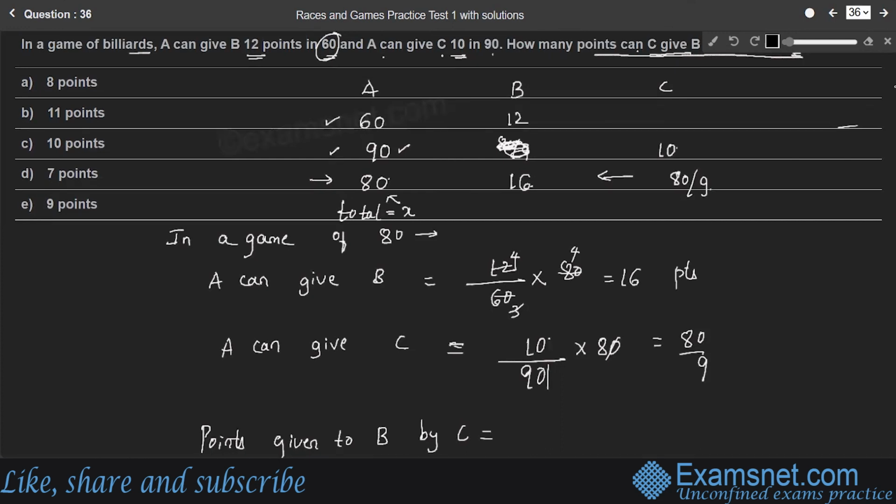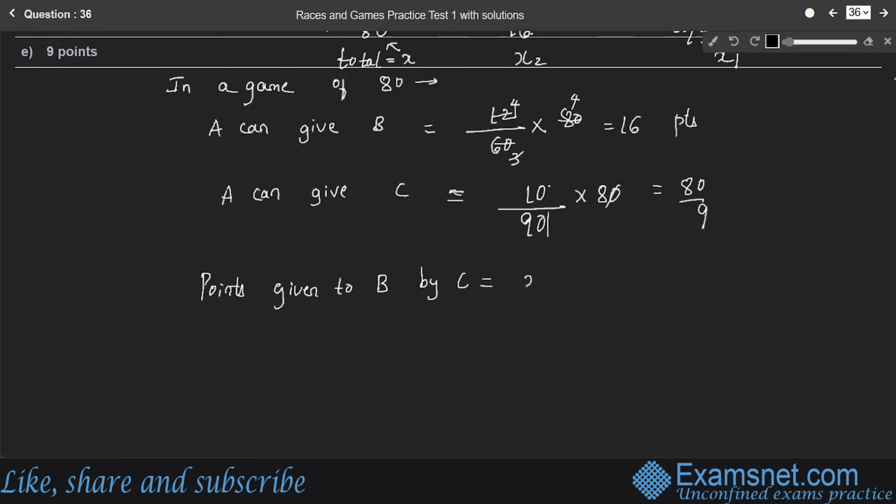The lowest point given is to C, which is 8 point something, since 80 by 9 means 8 point something. We'll consider this as X1 and the points given to B as X2, which is 16. Therefore, the formula says X into X2 minus X1 divided by X minus X1 gives points given to B by C.